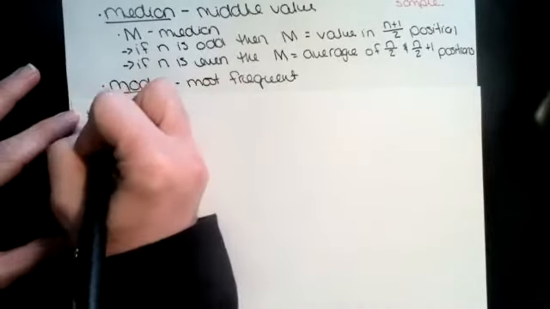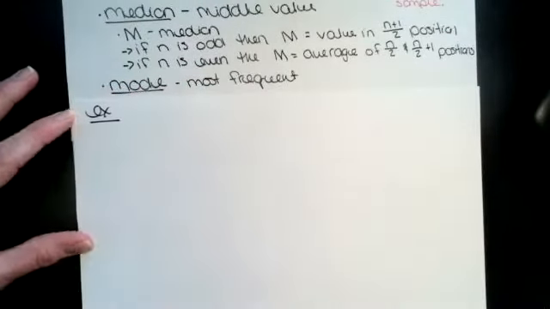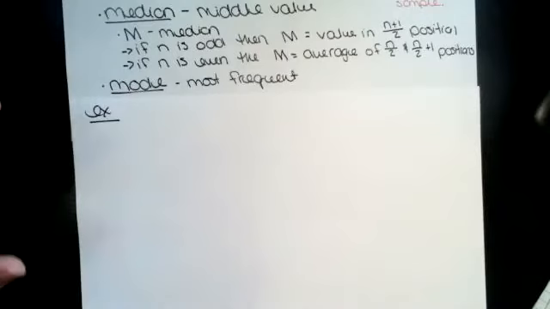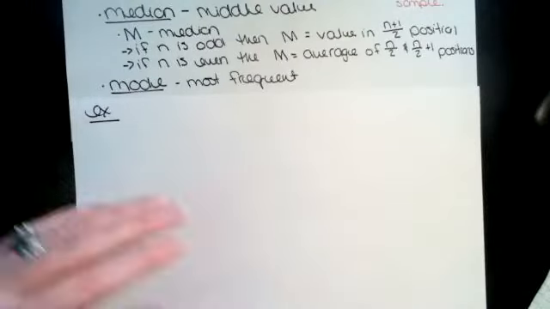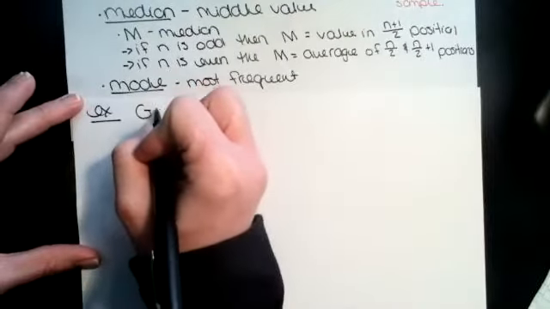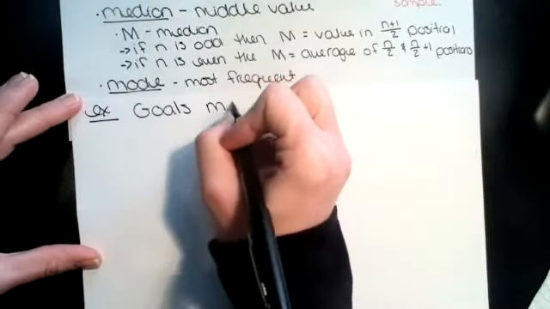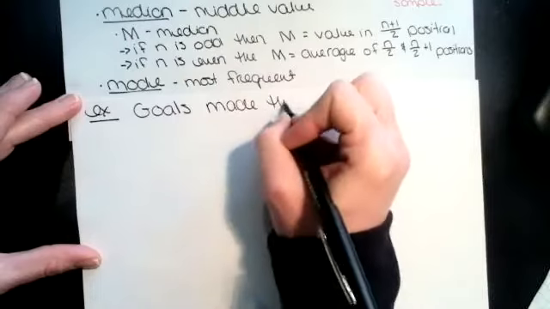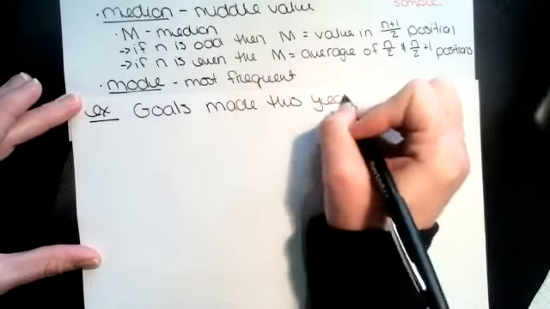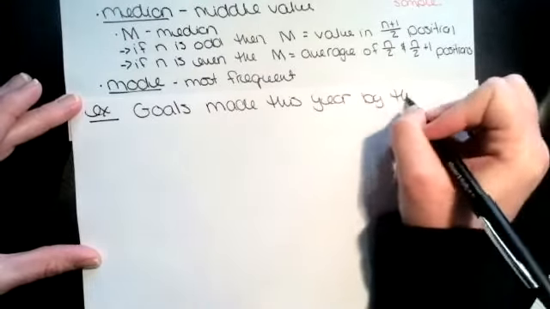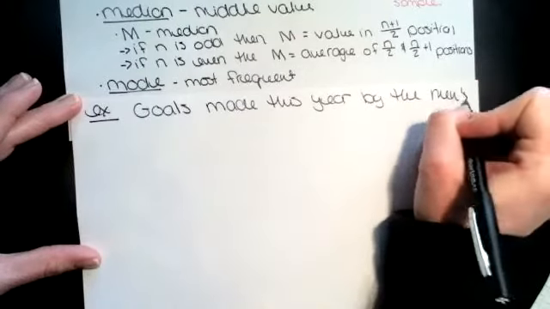All right, so let's take a look at an example here. The first example, I actually got some data today. I looked up the number of goals made this year by the men's hockey team.